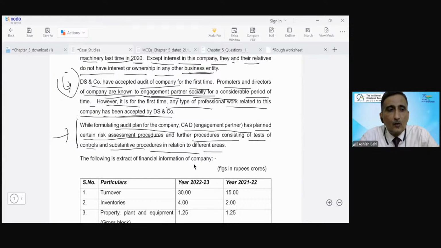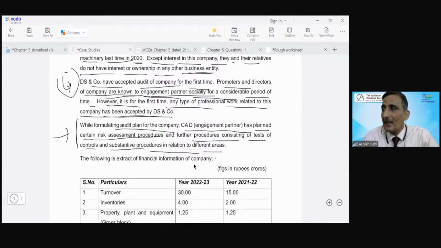We shall also try to revise some important SA names while we are doing a case study. Yes, Tejaswin, you are writing SA 315, that is in relation to performing risk assessment procedures.